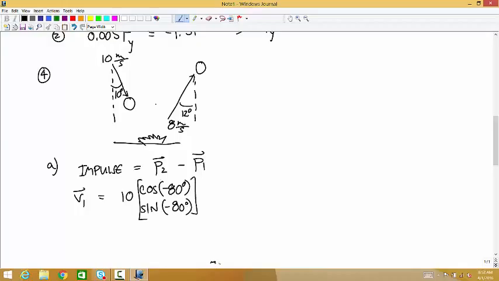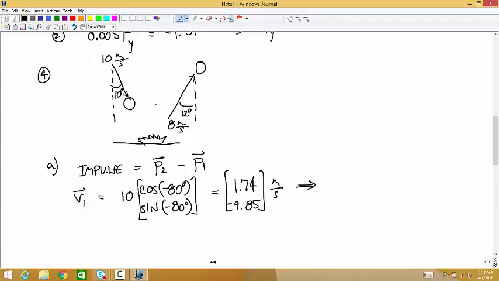So what do you get for that? Positive 1.74, and then negative 9.85, and that's meters per second.